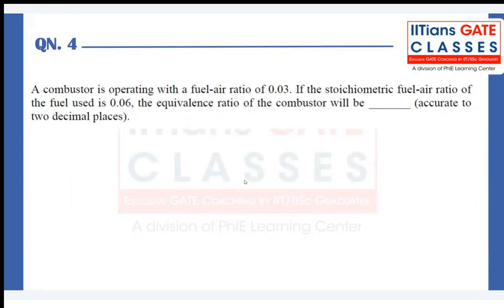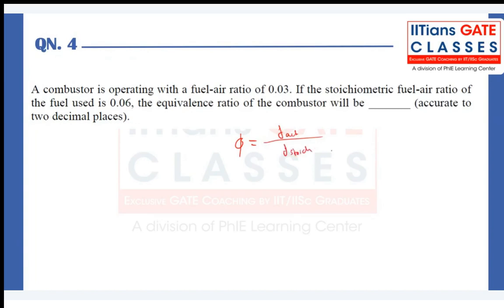But let us see, what is equivalence ratio? Equivalence ratio can be defined as the ratio of the actual fuel to air ratio to the stoichiometric fuel to air ratio, right?